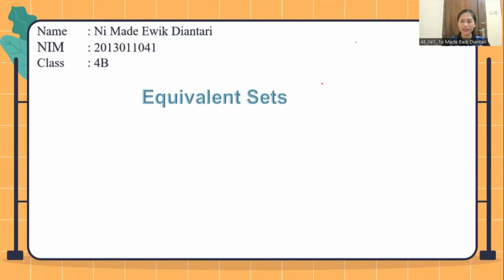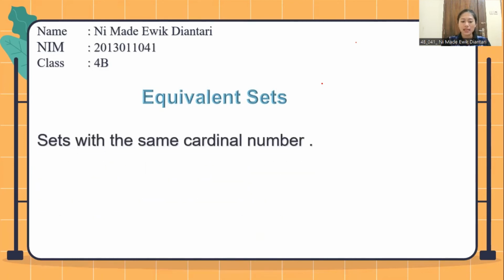Next, equivalent sets. Equivalent sets are sets with the same cardinal number. The elements inside of the set do not have to be the same. If all of the elements inside the set are the same, that means they are equal sets, and equal sets are different than equivalent sets.